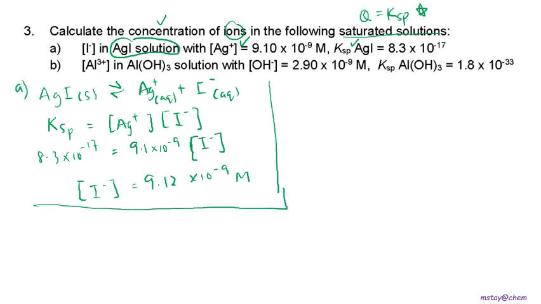Okay, now let's continue to question B. We have aluminium hydroxide solid, dissociate, Al3 plus aqueous, and 3 moles of OH negative aqueous.